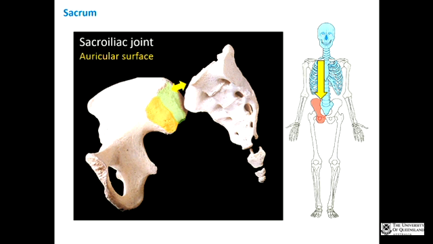The smooth surface is that ear-shaped or auricular surface, a synovial joint, and the other surface is the rough sacral tuberosity for attachment of ligament. And the fact that the ligament attaches next to the synovial joint actually restricts the amount of movement available at that synovial joint.